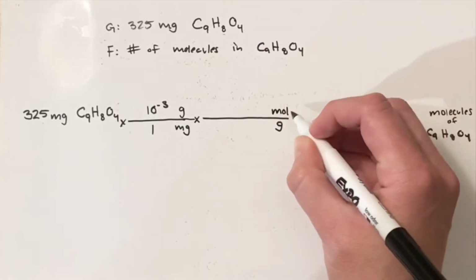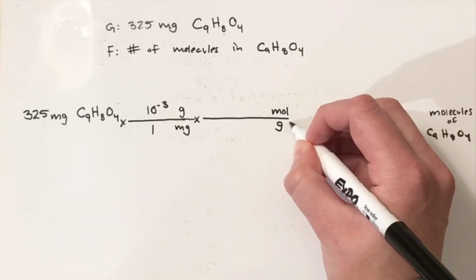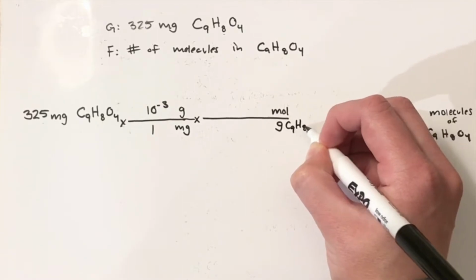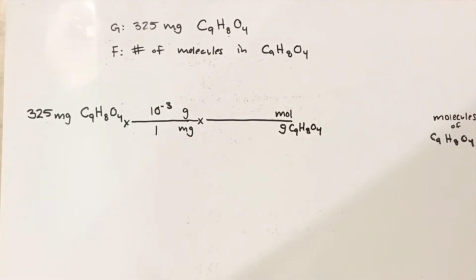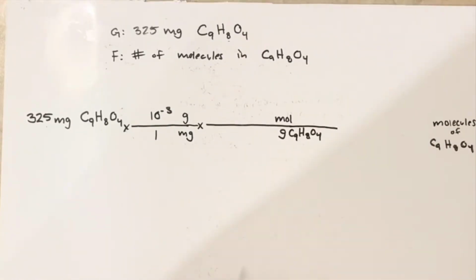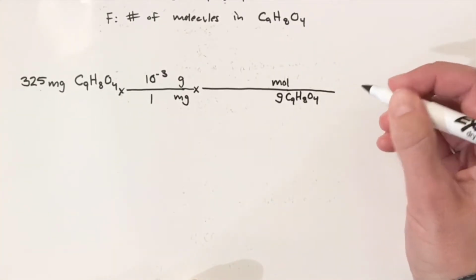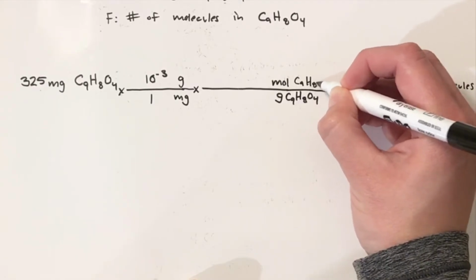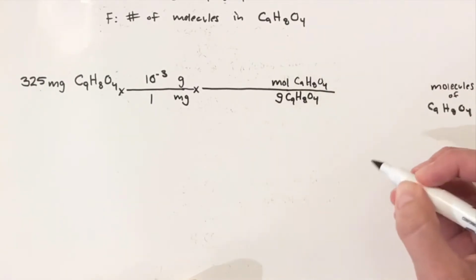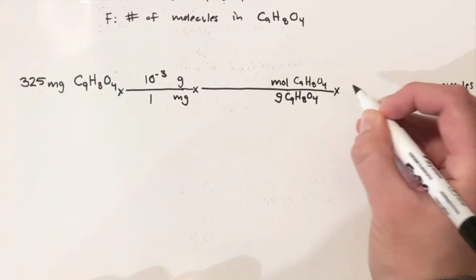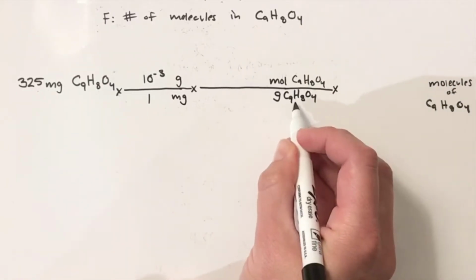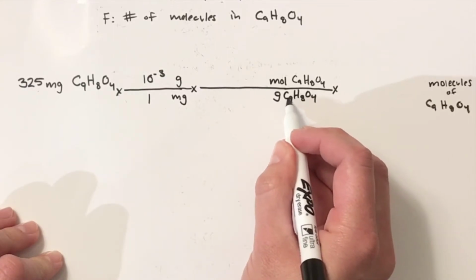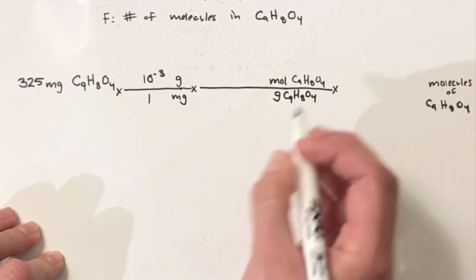Remember, for this one I'm going to write acetylsalicylic acid because this one is important so you don't lose track of what you need to find. And this is all stuff that we know. We don't know right this minute how many grams are in acetylsalicylic acid, but we can find it.